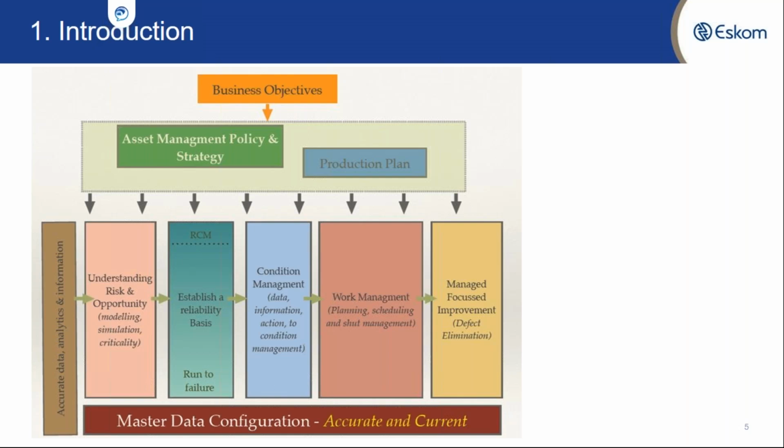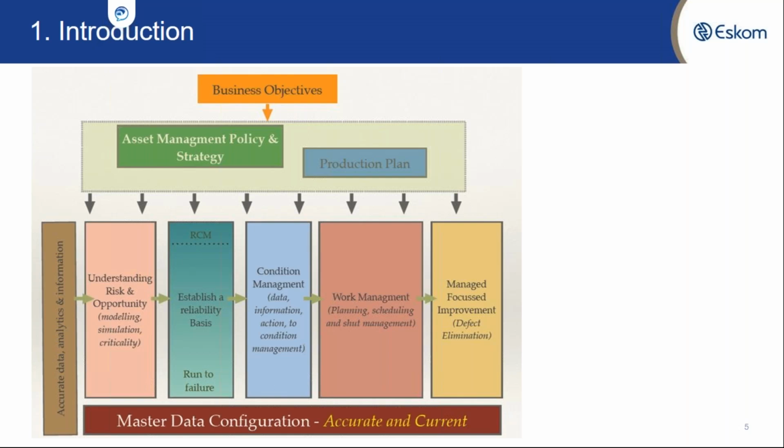The effectiveness of this maintenance relies on accurate master data, as shown at the bottom block, and also the accuracy of other data, being the information generated throughout the cycle. Understanding risks and opportunities provides a framework of where attention should be devoted within the maintenance space.